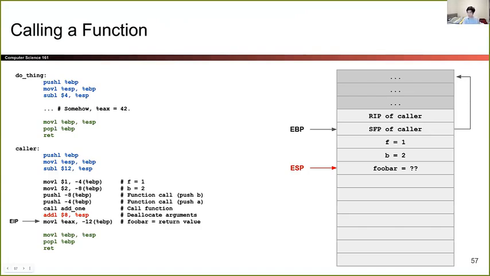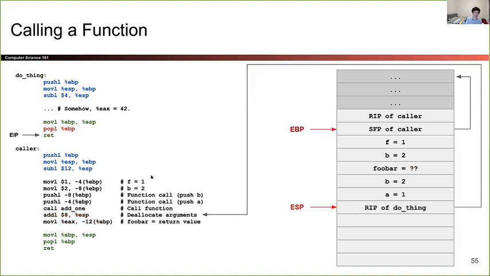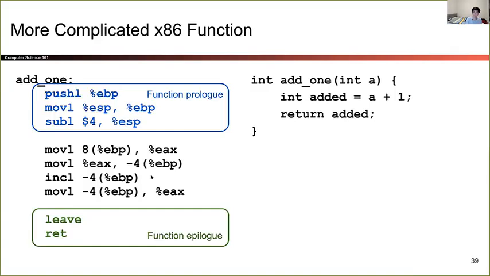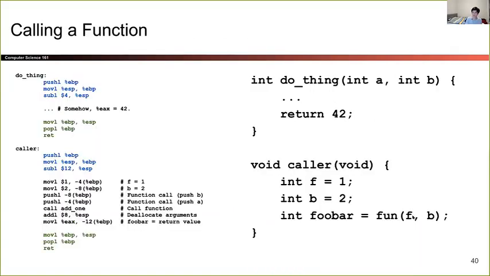Pushl $1 and pushl $2. If we wanted literal values as the function arguments. But in this case, the code says we're going to use the values of the local variables as the arguments, which is why we have the memory references, because that's where the local variables are stored. And then we're pushing the local variables onto the stack again.